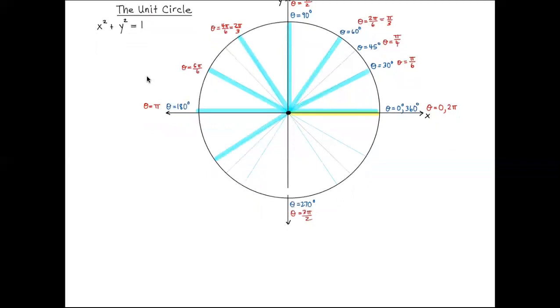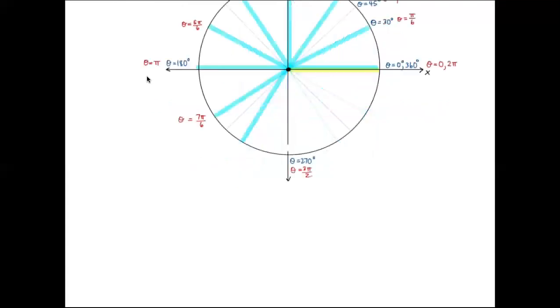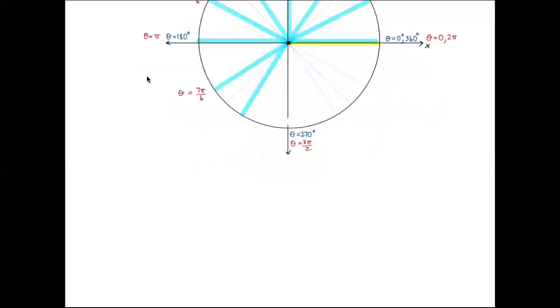If I go one more, that would be 8 pi over 6, so I can label that. Now 8 pi over 6 simplifies to 4 pi over 3.